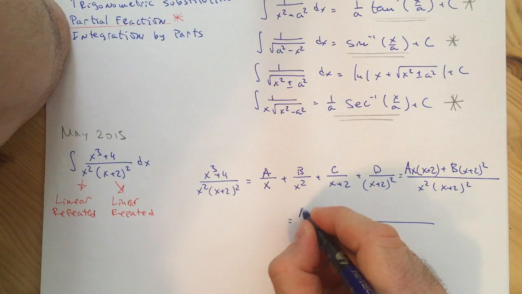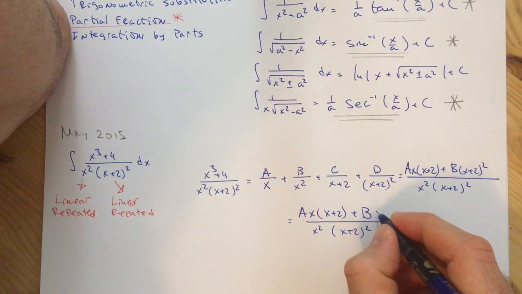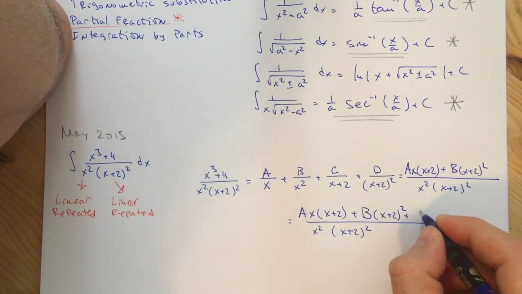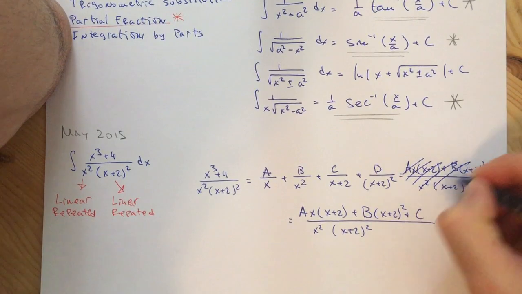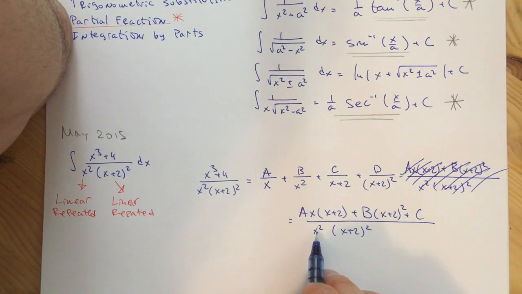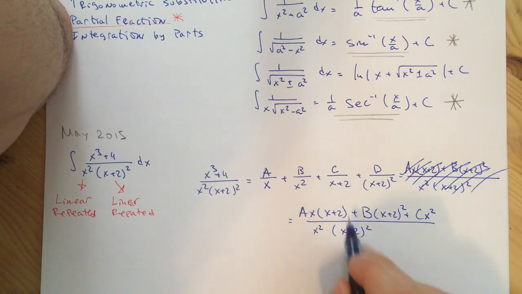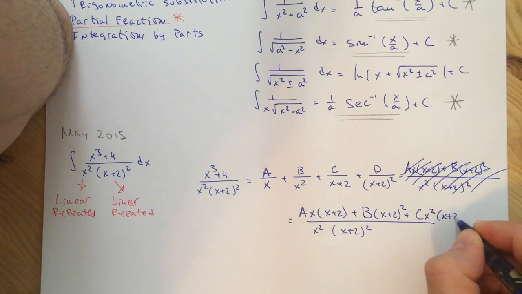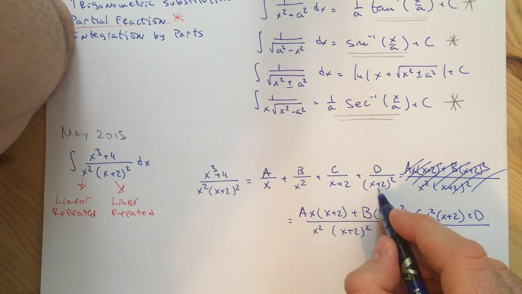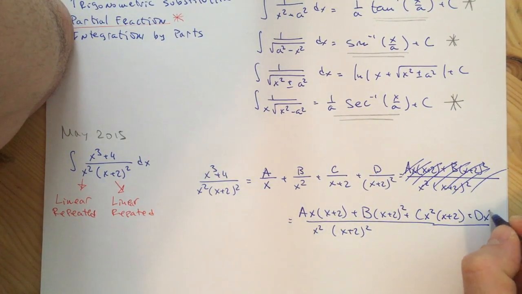So I said a times x, x plus 2, plus b times x plus 2 squared, plus c. Okay, so the common denominator is x squared, so I have to multiply it by x squared, and just one factor of x plus 2, plus d is already divided by x plus 2 squared, so the missing factor is x squared.